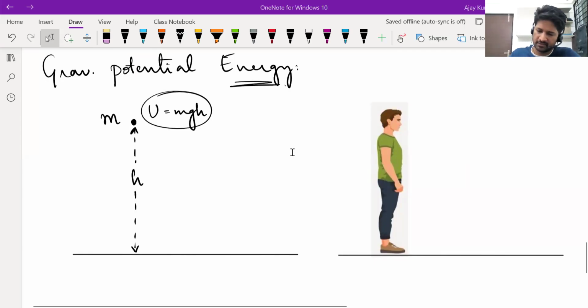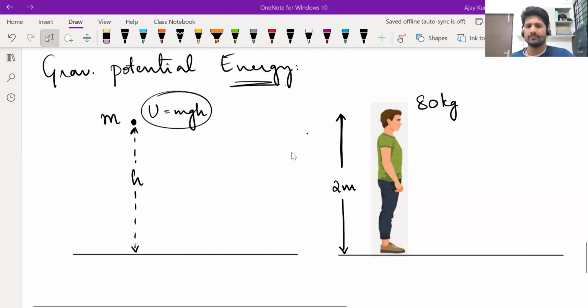Suppose this person's mass is some 80 kg, and let's say the person's height is approximately 2 meters. Pawan, what do you say? How can we express this person's gravitational potential energy?